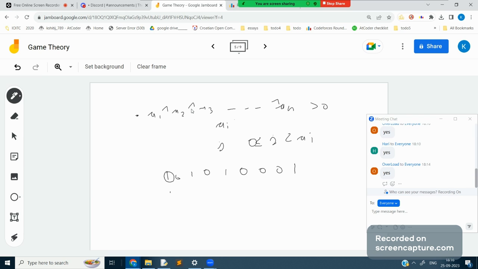Say J is the highest bit set in the XOR, so 2 to the power J is set. Now if the Jth bit in the XOR is 1, there must be at least one number which has the Jth bit on. If no numbers had the Jth bit on, the XOR would be 0 in the Jth bit. So there must be at least one number with the Jth bit on. Let it be AI.